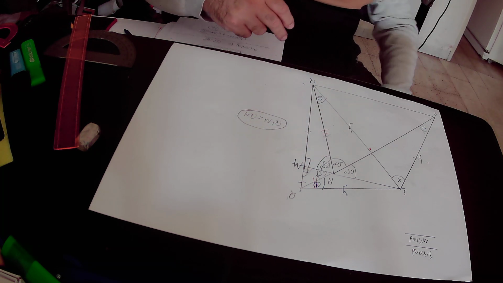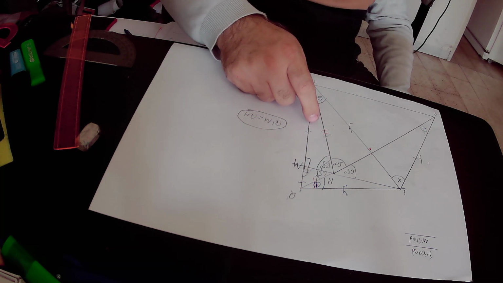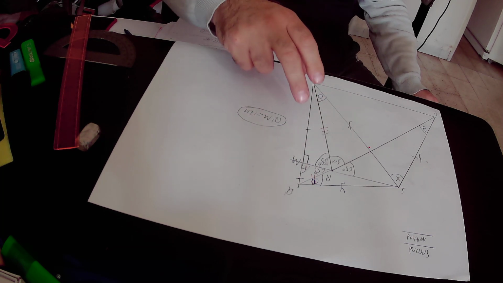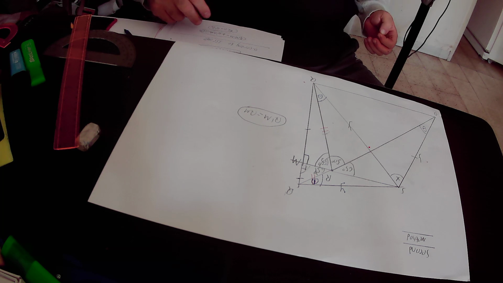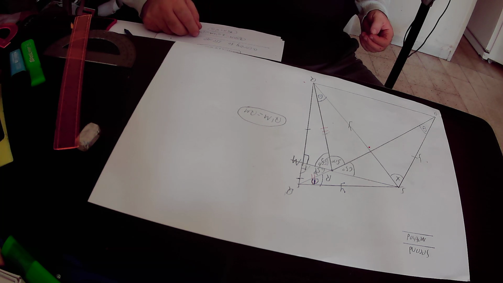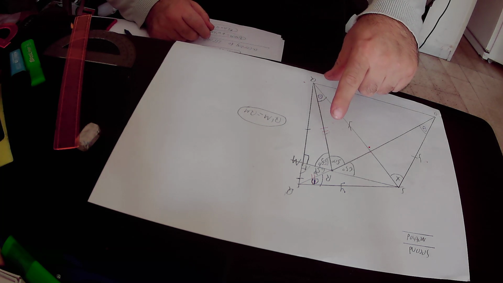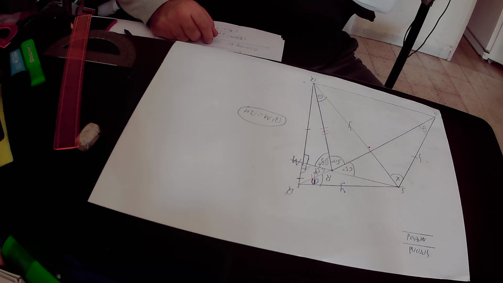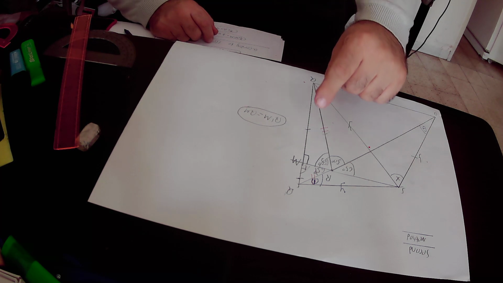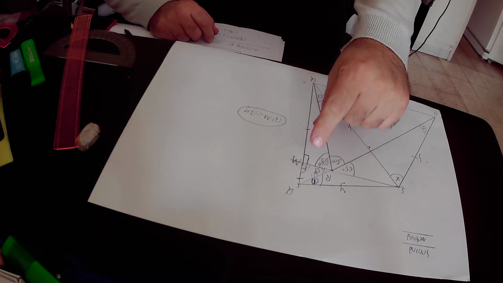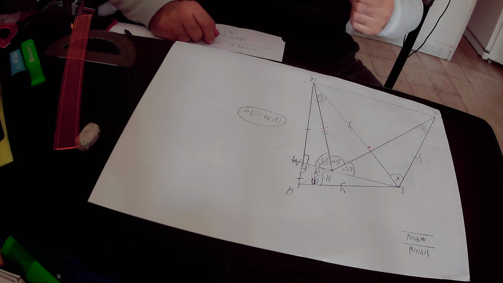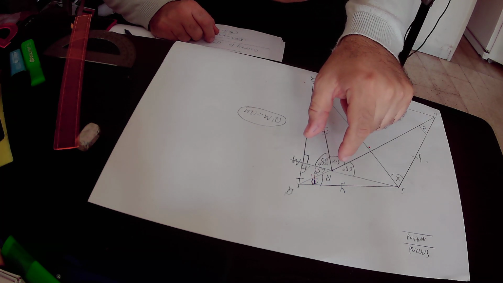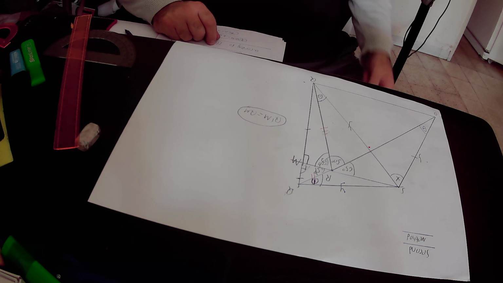Then we focused on the right triangle QMR and on the right triangle Q dash MR, and we proved that those two right triangles are congruent. First of all, we know that QM equals Q dash M according to our construction. We also know that those two angles are equal to each other. They are both right angles, they are equal to 90 degrees. And we also have a common side, that is to say RM equals RM. It belongs to both triangles.